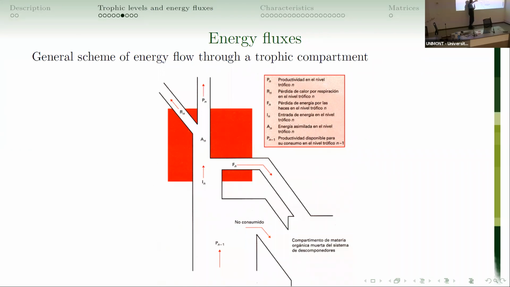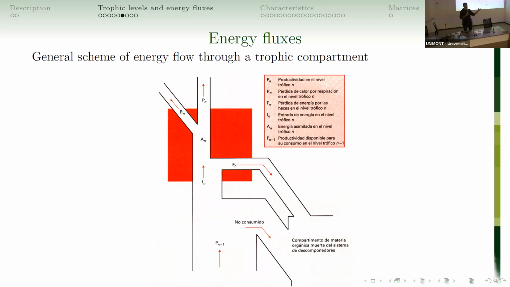Out of what they eat, there's a part that is assimilated and a part that is not assimilated, which is the feces, the excrements, okay? So of what everybody eats, this deer eats, part is not assimilated, so it becomes excrements or feces, and part is assimilated. And out of what's assimilated, part of it is invested in respiration, to keep the structures alive. And then the rest is for production.